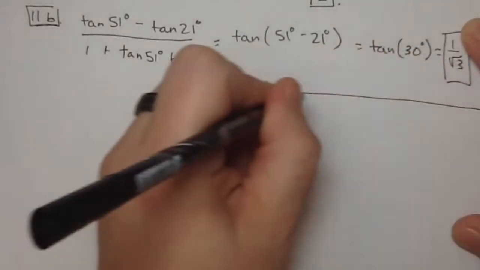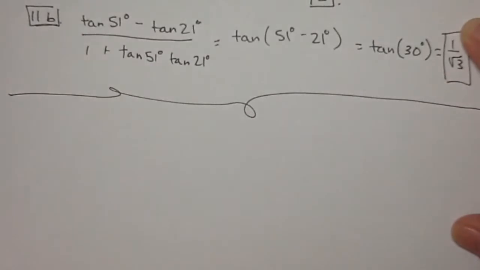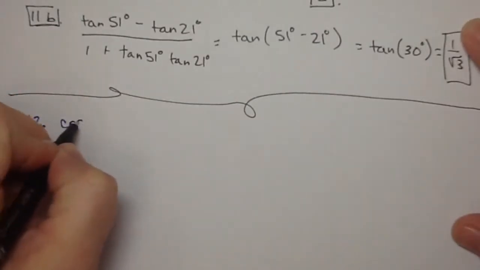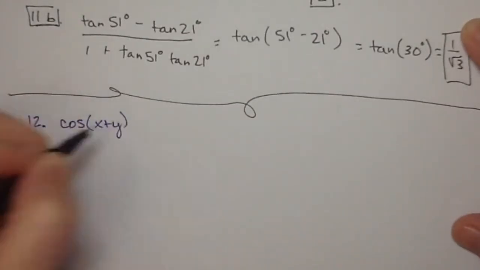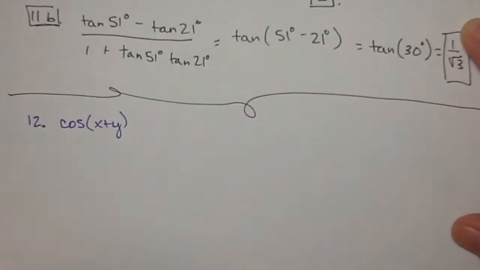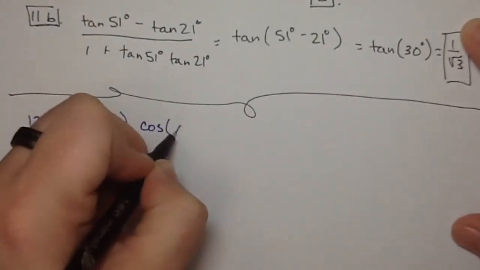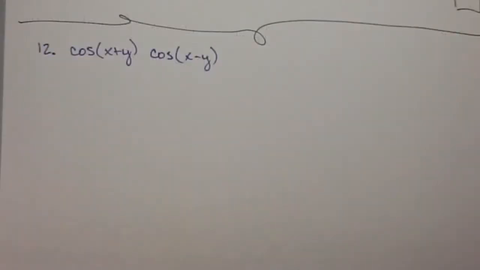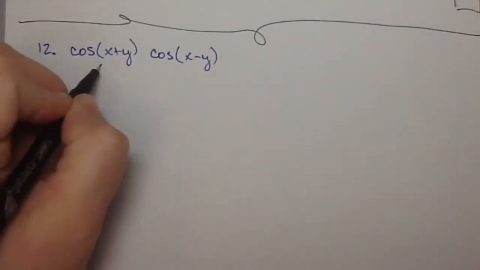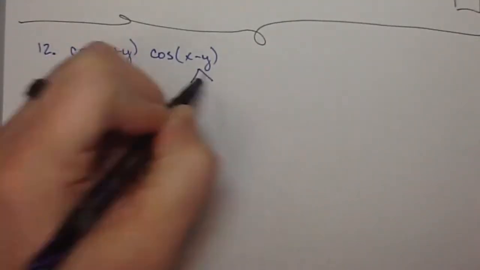So now moving on, we're going to talk about problem 12. Problem 12 says, use addition and subtraction formulas to rewrite this expression. We've got cosine of x plus y times the cosine of x minus y. So we're going to be expanding this out and expanding that out.